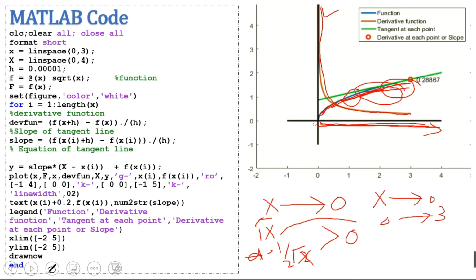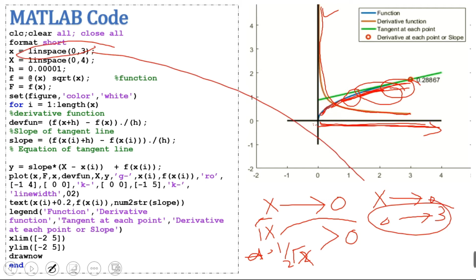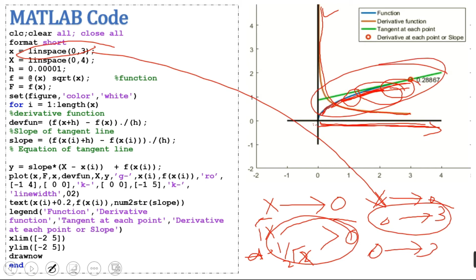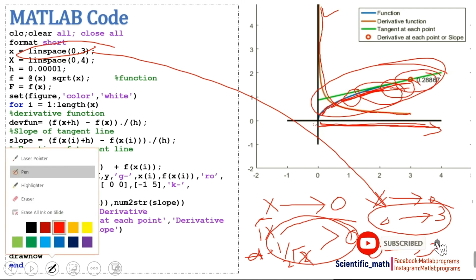We have used the limit 0 to 3. This is our domain for x. The derivative is positive, and the slope of the tangent line is decreasing as x is increasing. We also see here that the derivative of the function is decreasing when x is increasing.